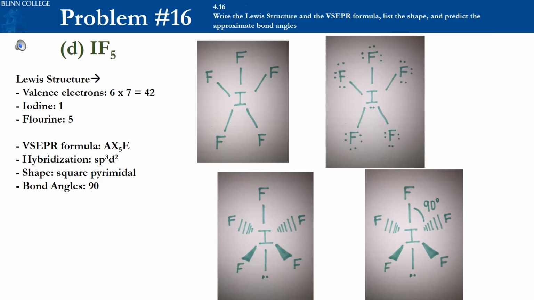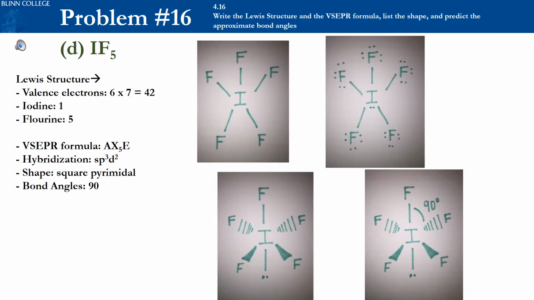Now we're going to distribute the valence electrons. For this one, iodine is going to have a lone pair of electrons. So for the VSEPR formula, it's going to be AX5E, where A is iodine, X5 is 5 atoms of fluorine, and E is the one lone pair present on the central atom of iodine.